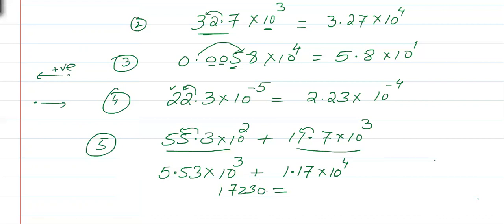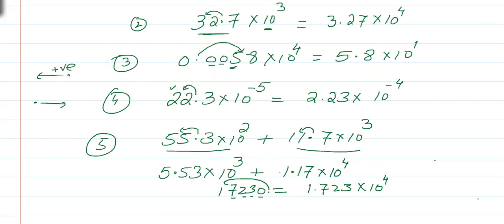You have to shift it from here to here, so it will become 1.723. The last zero, if it is only zero, you don't need to write it. There's no problem. You can write 10 to the power, how many digits do we move? 1, 2, 3, 4. We move 4 digits.